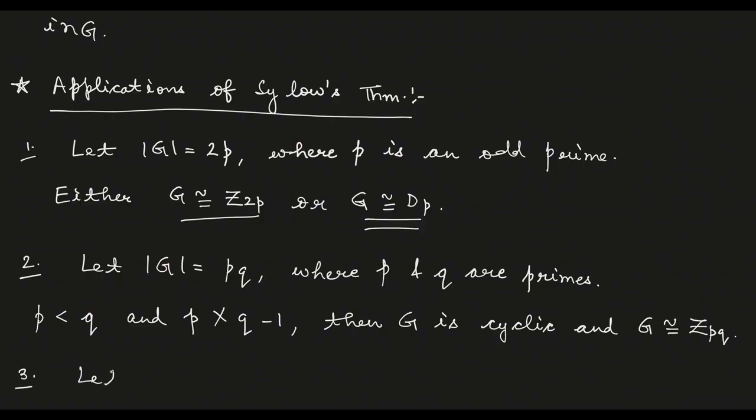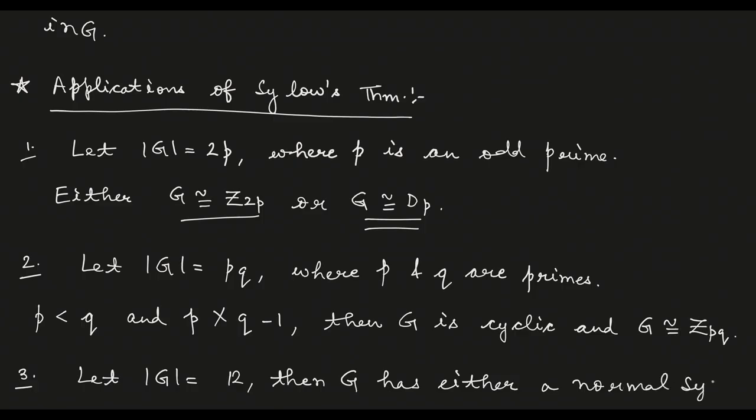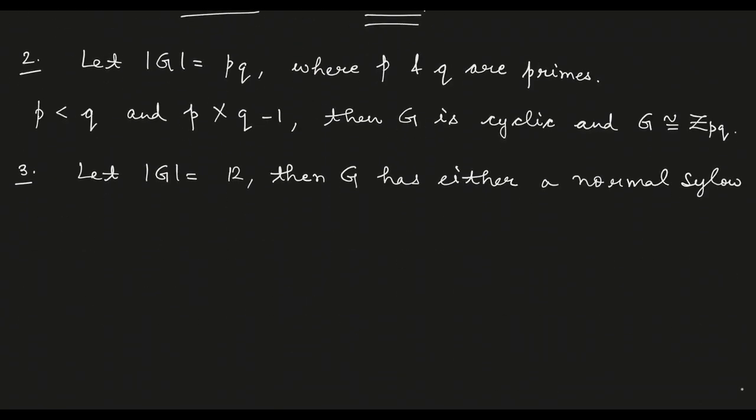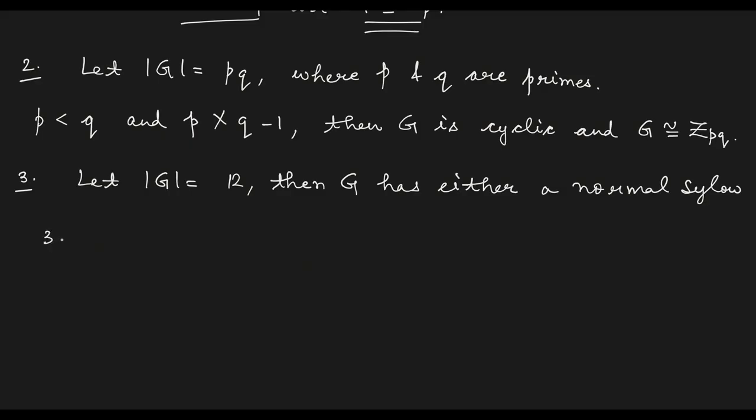Third, let the order of G be 12. Then G has either a normal Sylow 3-subgroup or G is isomorphic to A4, because the order of A4 is also 12.